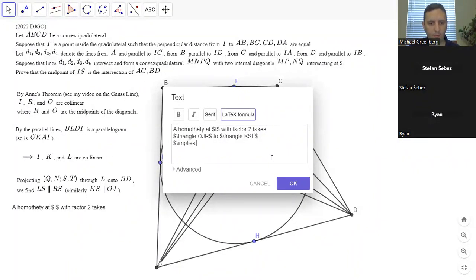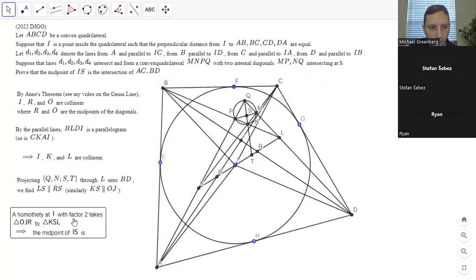And that proves it. It implies the midpoint of IS is J.